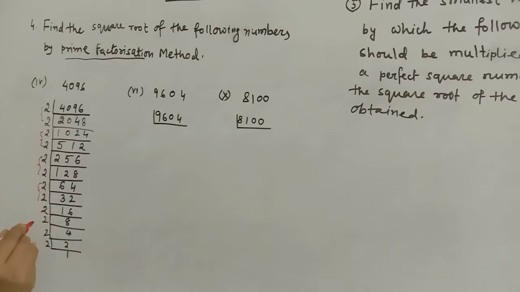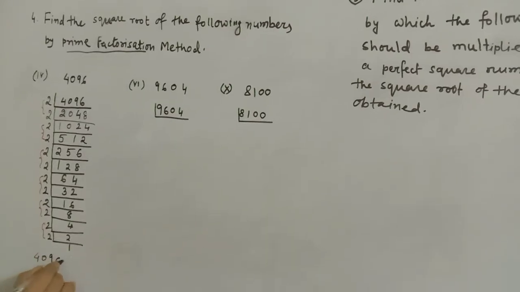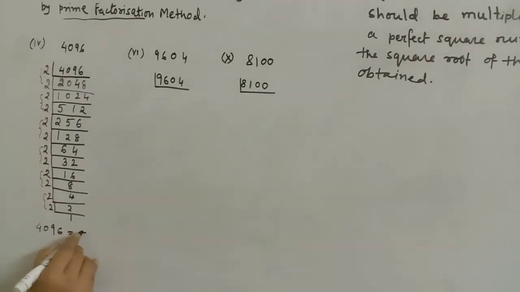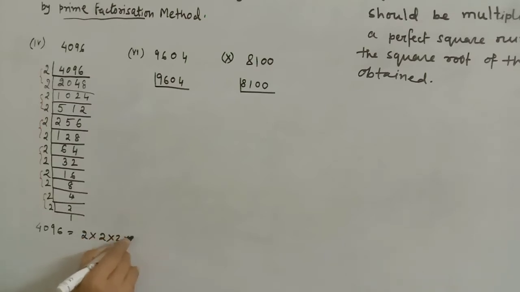In this way, 1, 2, 3, 4, 5, 6. So can I write in this way that 4096 is equal to 6 pairs of 2, 2, 2, 2, 1, 2, 3, 4, 5, 6. Okay, the same thing.